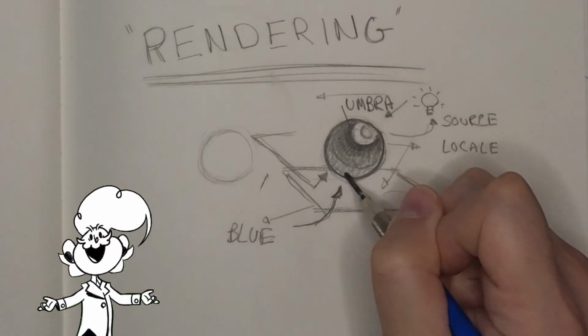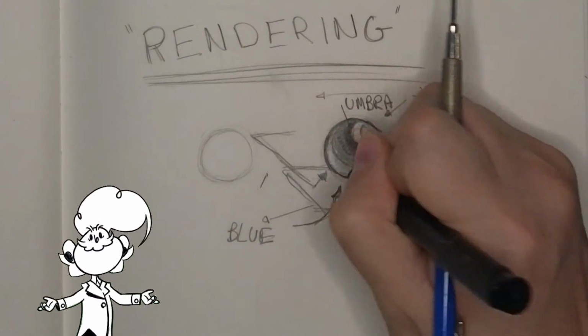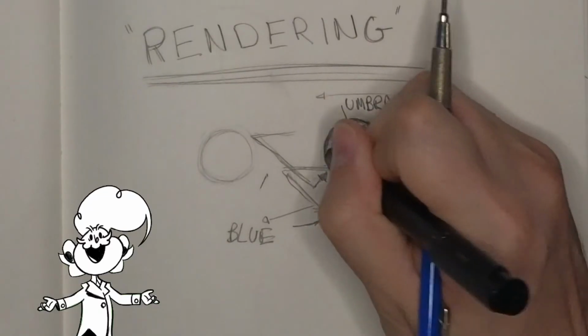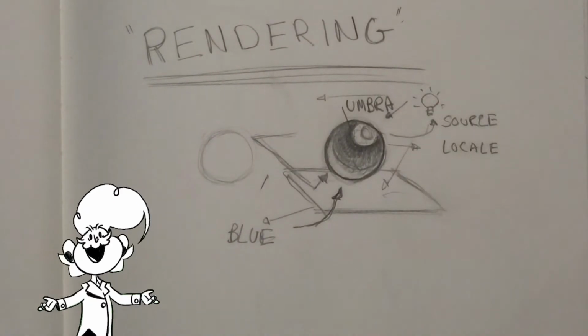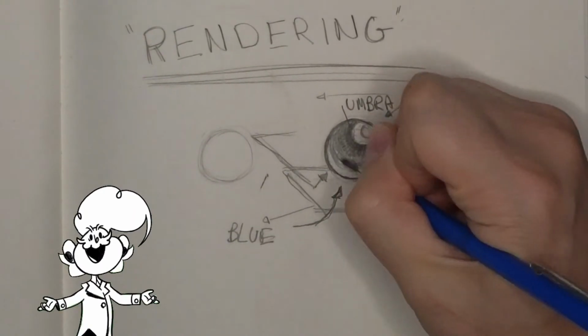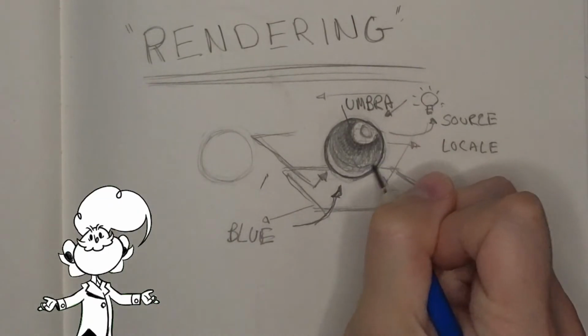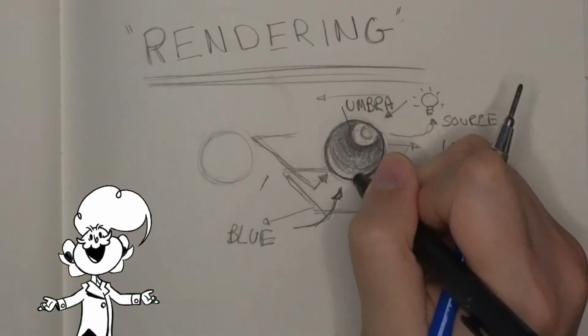You'll maybe even have an edge highlight down here because of the bounce light, depending on how strong that bounce light is. And it's also a stylistic thing.